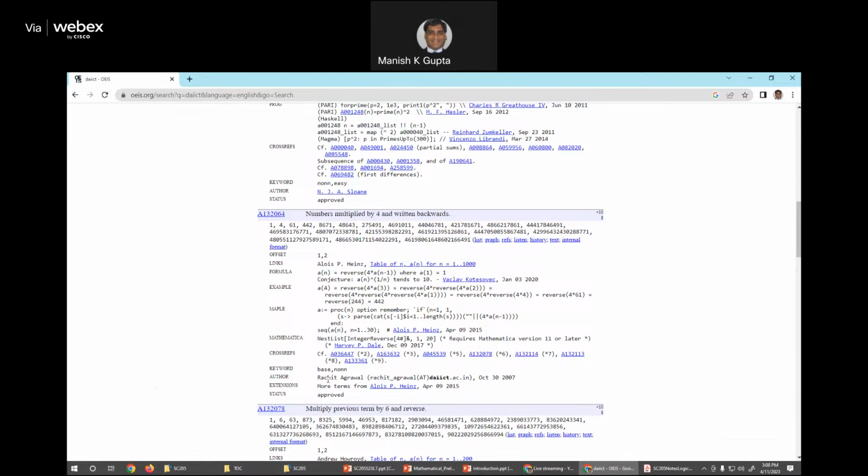So he discovered this sequence, numbers multiplied by 4 and written backwards. It's a new sequence, right? So like that, every class, there are students who registered some numbers on their name. It's a good way to get some publicity and you can have your name. So you try discovering some new sequences and then register them.